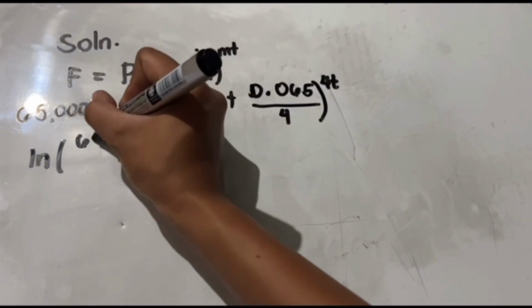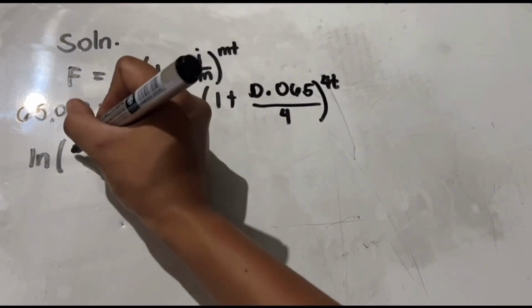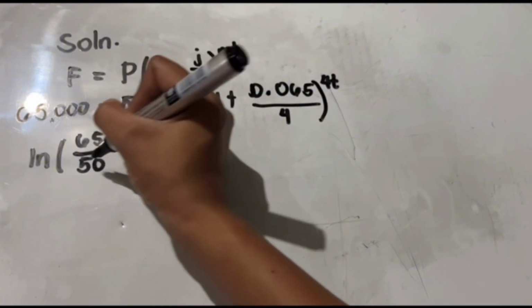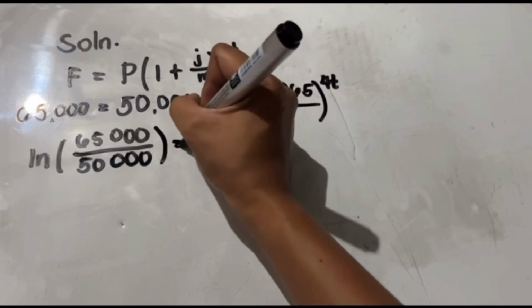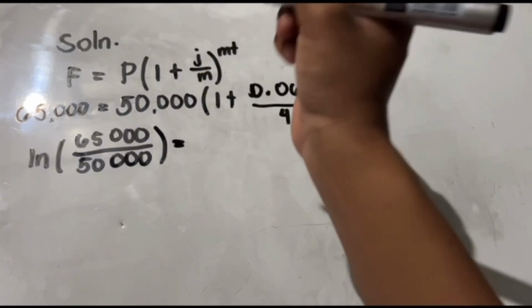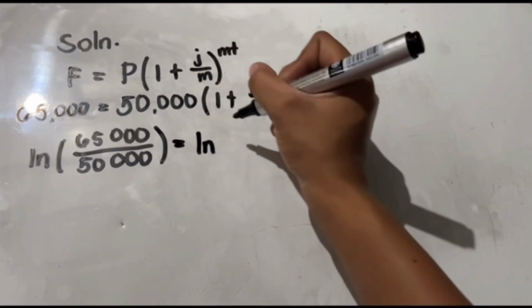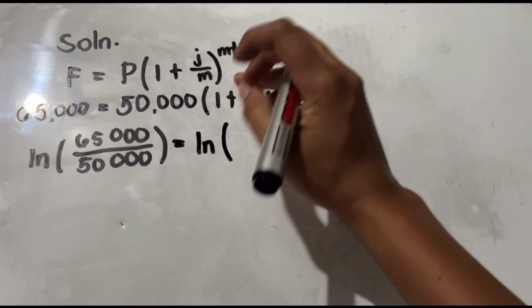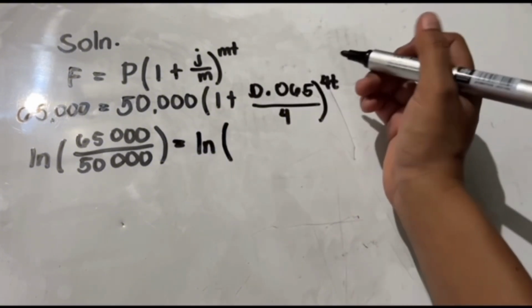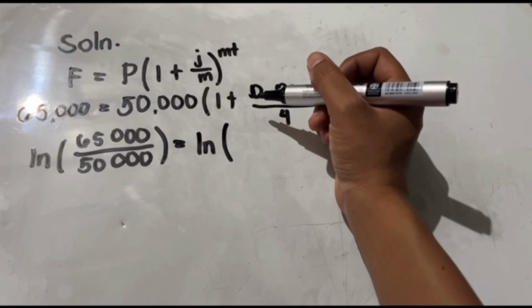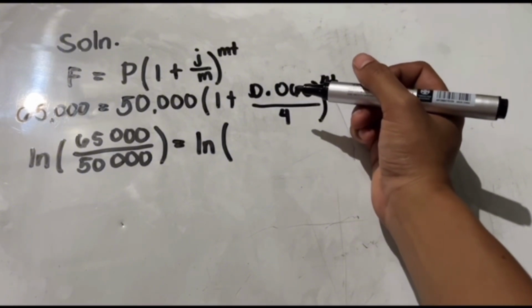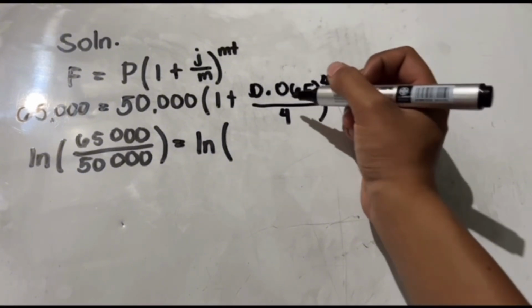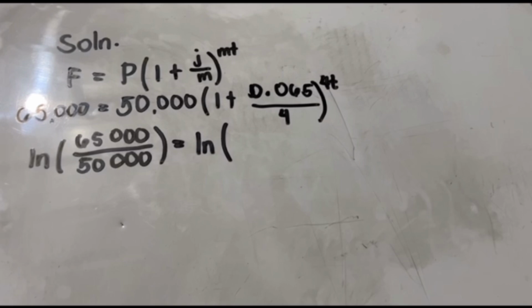So 65,000 divided by 50,000 equals the logarithm of, and we will simplify what is inside the parentheses using our calculator.